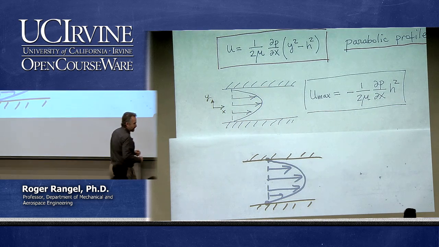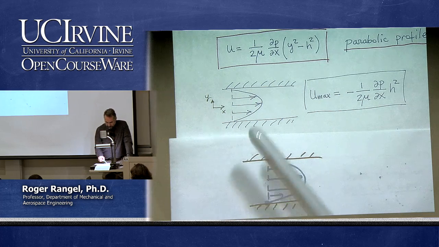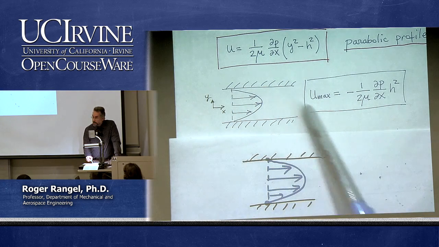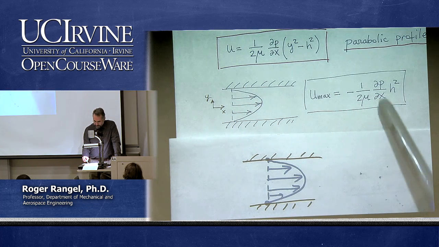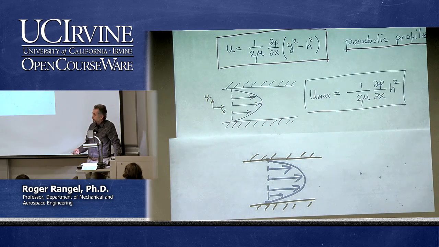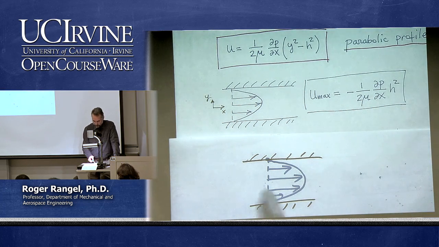If the pressure decreases, not the gradient, but the pressure, from left to right, that means that partial p partial x is negative, which makes this maximum velocity positive, so it would go to the right. So the negative is there because of the sign of the pressure gradient.